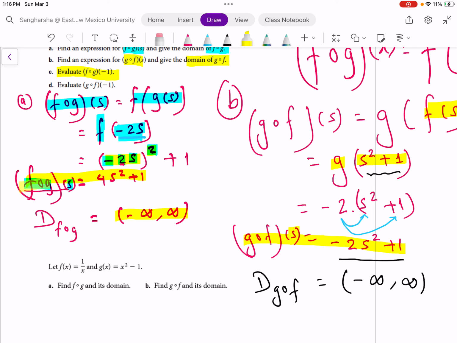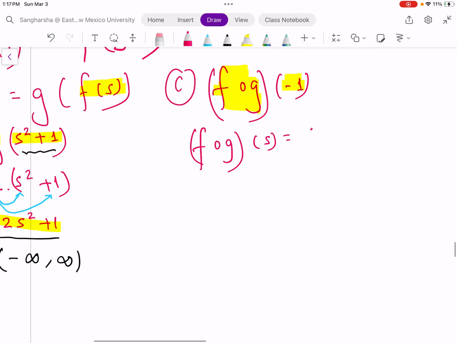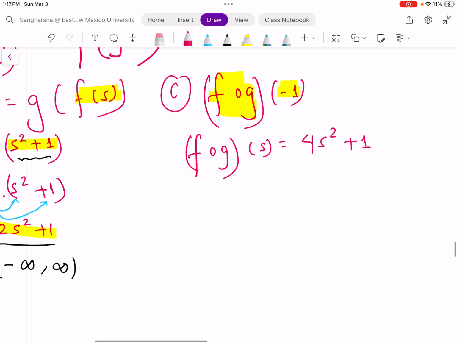Our f composite g is 4s squared plus 1. This is the function, the output when your input is s. But we have been given the input negative 1, and we want to know the output when the input is negative 1.